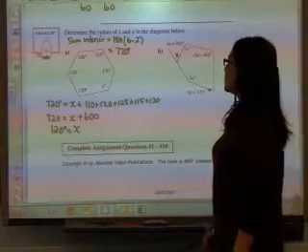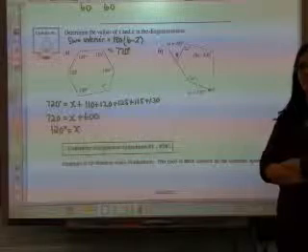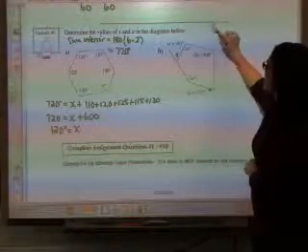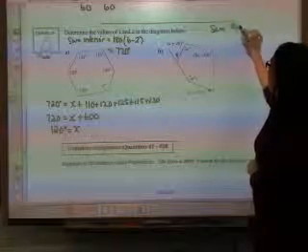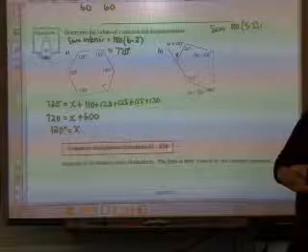How many sides for B? 5 sides. So then the sum would be 180 times 5 minus 2, which equals what?